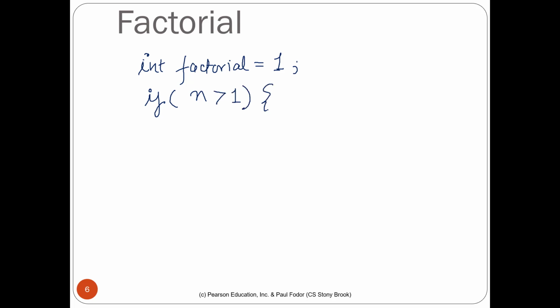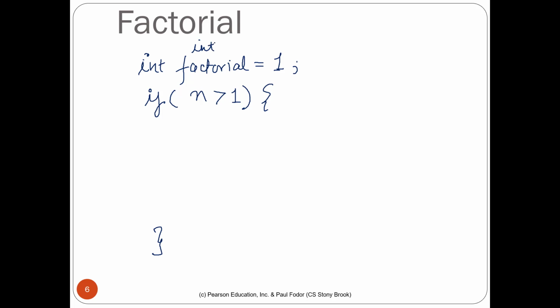Alright, if n is equal to 1 or less than 1, which is 0, then fine, factorial is 1 anyway. If n is greater than 1, then I need to go in this if body and I need to compute the factorial. Now how should I do that? I will use the while loop, which I will explain, don't worry about that.